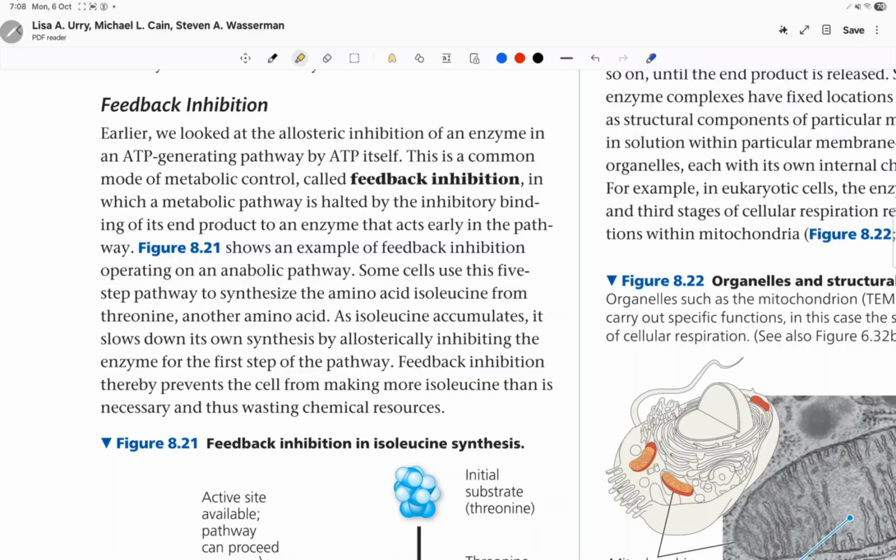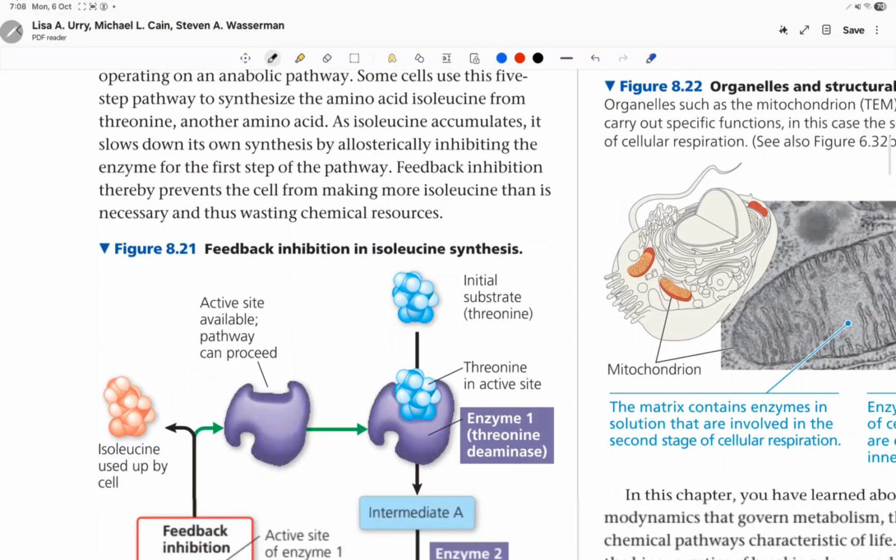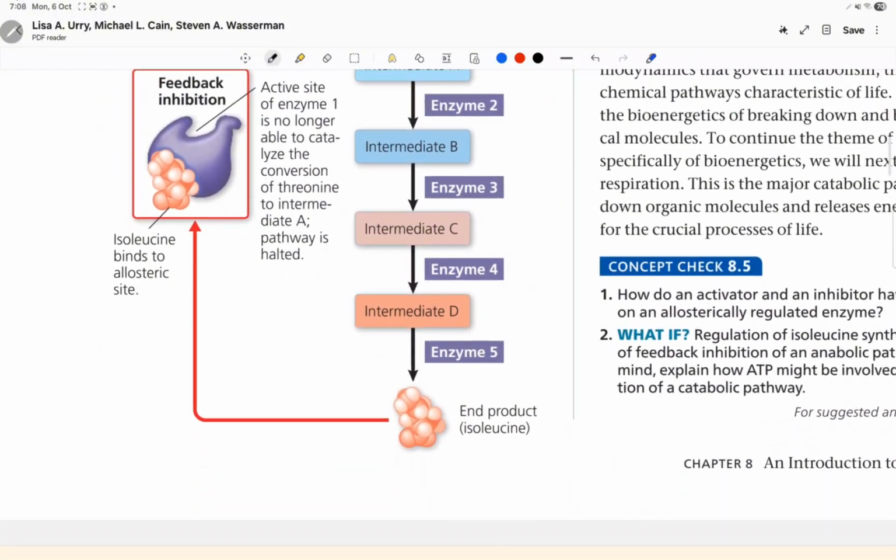Now the point is, feedback inhibition is the way we can control enzyme activity. Okay? We have to shut down the enzyme once it has finished its job. For example, if the enzyme's job is to make isoleucine, and now you have made enough isoleucine, do you have to keep making?